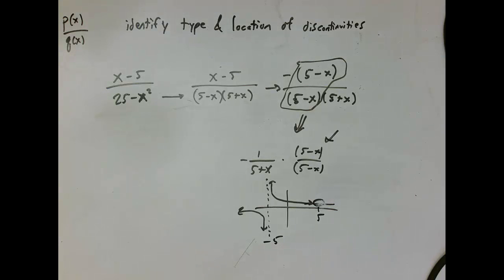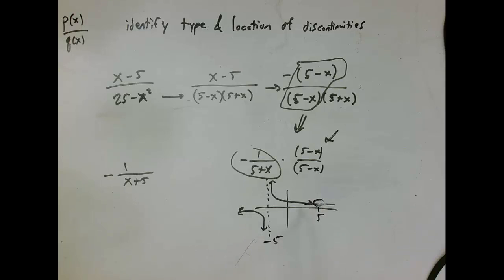Oh, wait, that's way better. I should have been doing that the whole time. If you're a little bit rusty and you don't immediately recognize this as a transformed 1 over x family, think about it this way. So I've got 1 over x. If I shift it left by 5, you would probably do this, 1 over x plus 5, but that's obviously the same as 1 over 5 plus x. And then if I put a negative sign on the outside, that's like a vertical reflection.